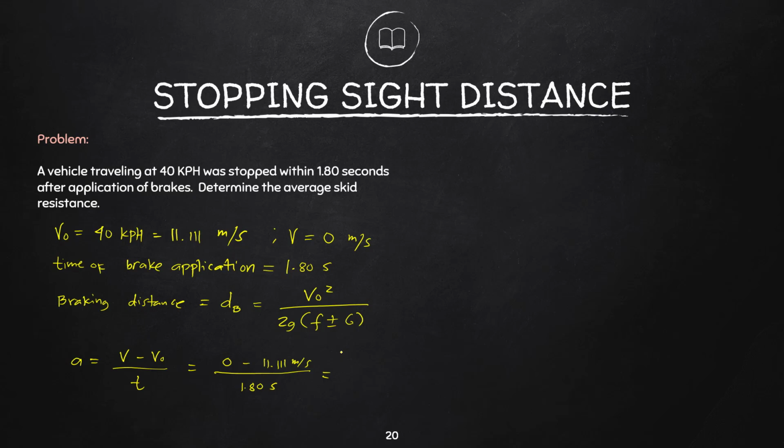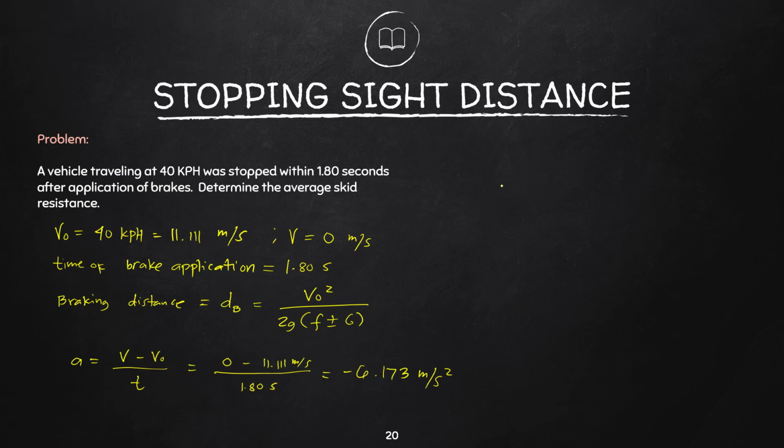This is equal to negative 6.173 meters per second squared. And again, we still don't have the value of the braking distance.